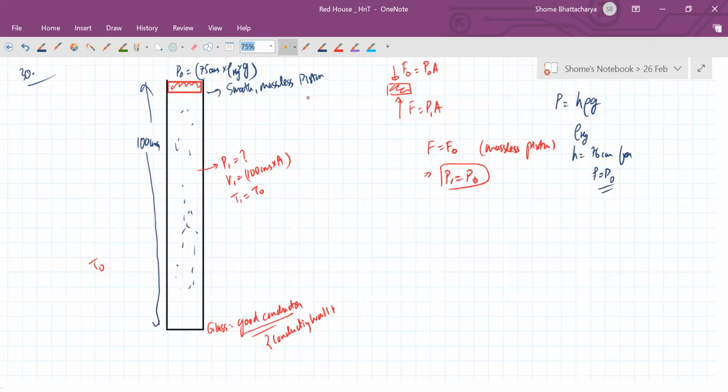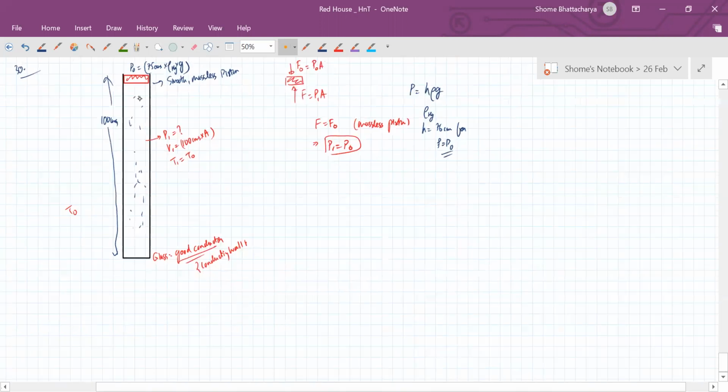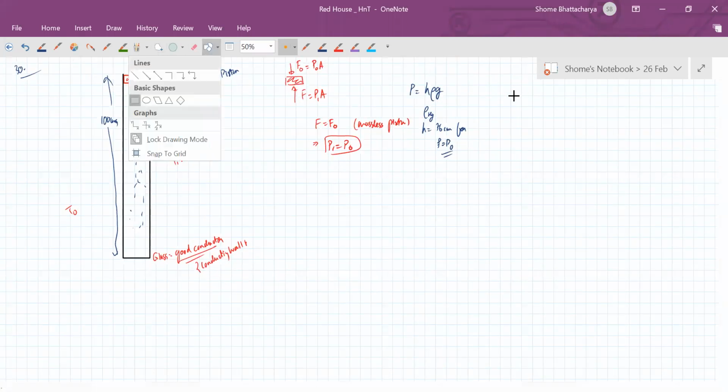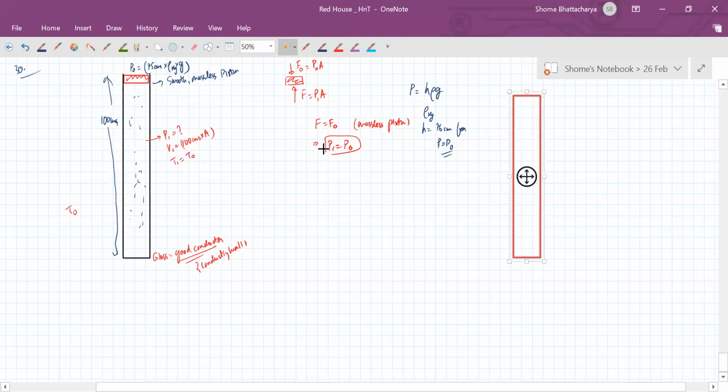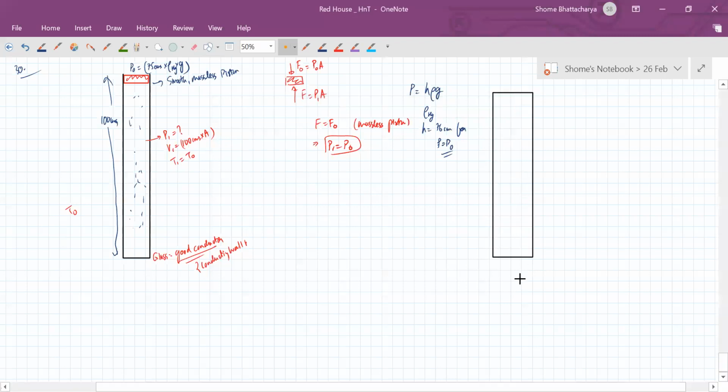Now the moment we start pouring mercury slowly, the gas undergoes what type of process? It undergoes a compression. But because we are pouring the mercury slowly, while the compression is happening, there is enough time for heat exchange with the atmospheric air outside. So listen to this carefully, okay? We are pouring the mercury slowly onto the piston.